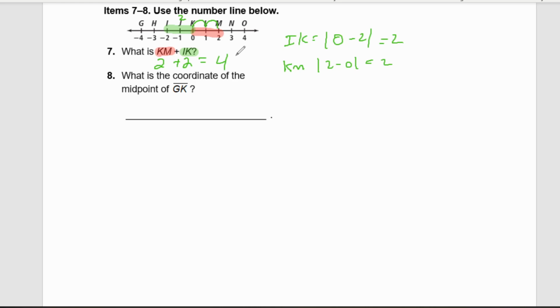Now it wants to know what is the midpoint of the coordinate GK. What is the coordinate of the midpoint of GK? Sorry, thought I misread that. So I'm just going to highlight GK, start at G, travel to K. So to go from G to K, I want to know what the midpoint is.